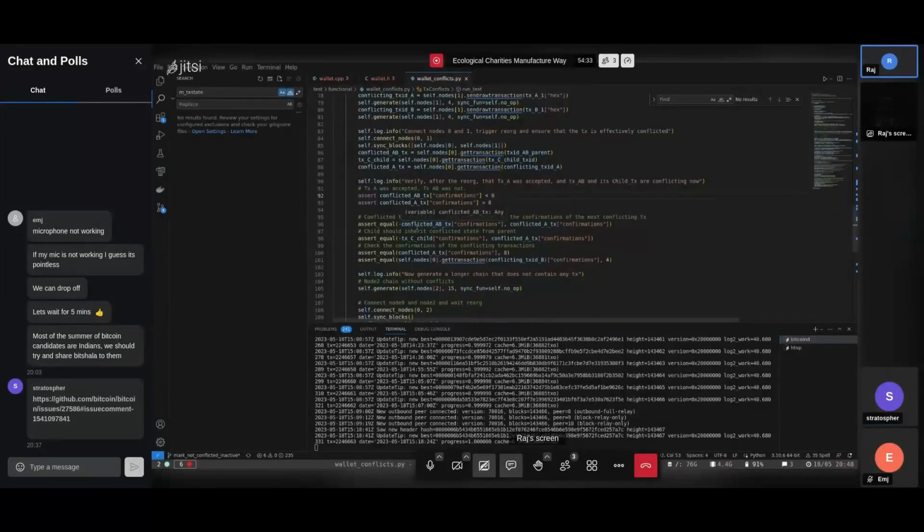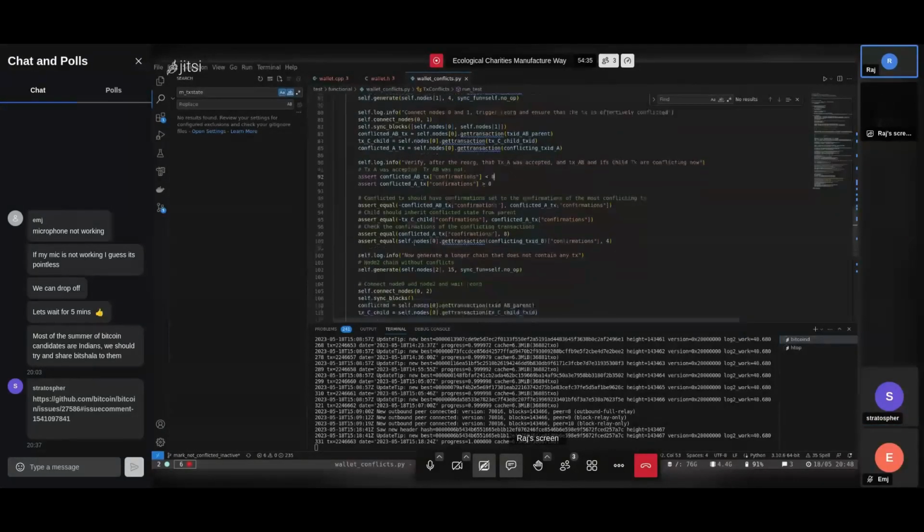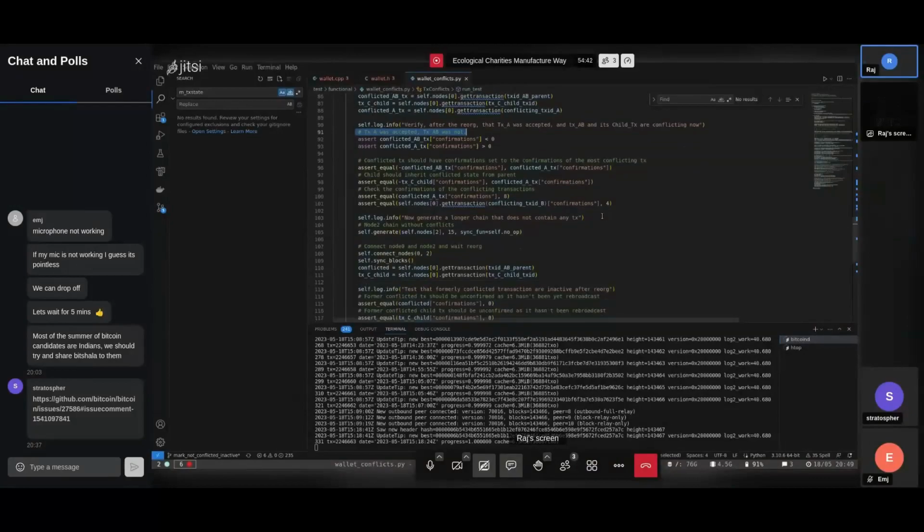Right? And so here transaction A was accepted and transaction AB wasn't, right? And so the conflicted AB transaction's confirmation and the confirmation of transaction A are basically the same. The negative number is the number of blocks by which it got conflicted.